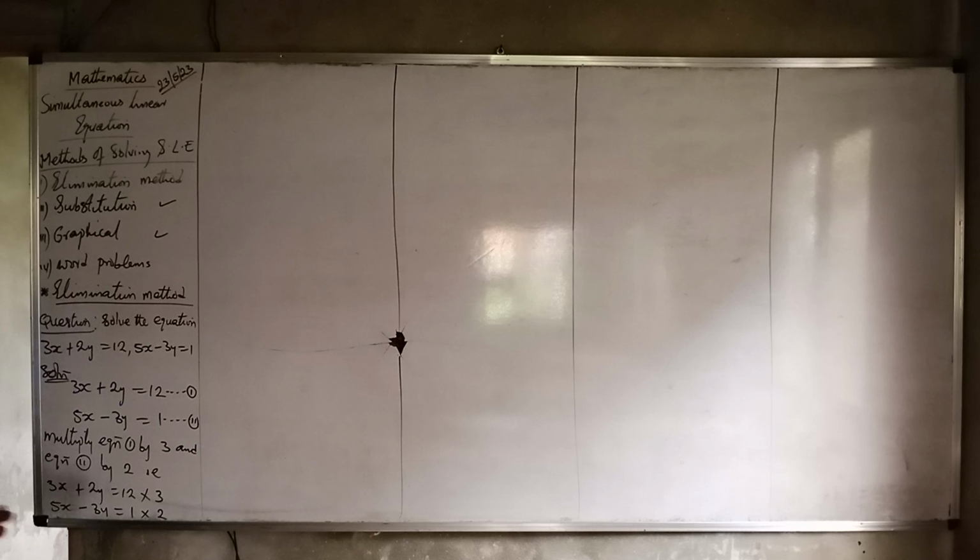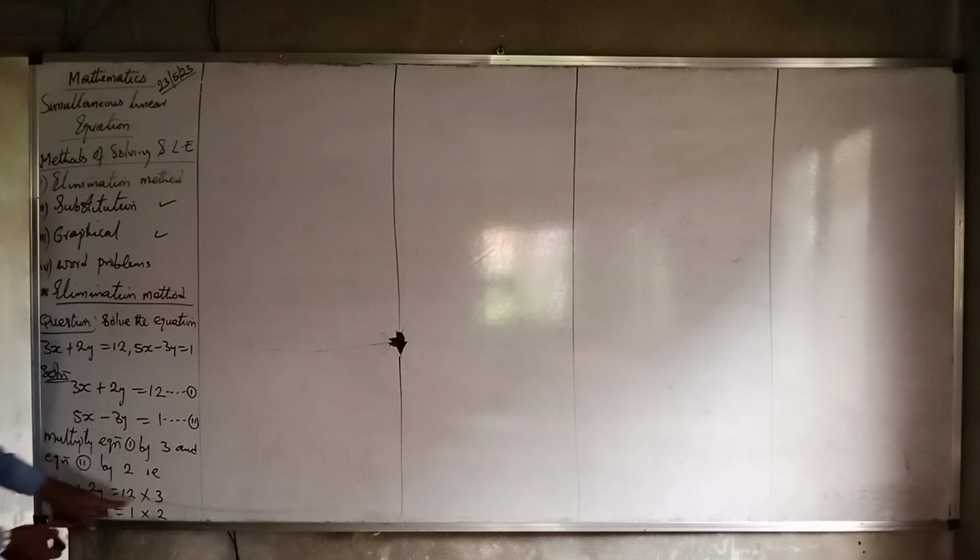When I multiply both equations by these two values, I use this 3 to multiply everything in this equation, by saying 3 times 3x, 3 times 2y, 3 times 12. Then the next one, 2 times 5x, 2 times minus 3y, and 2 times 1.